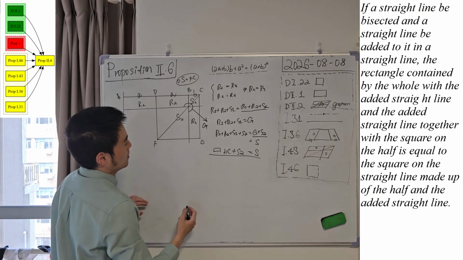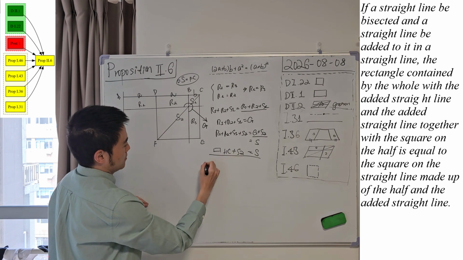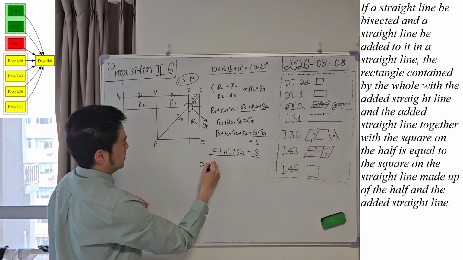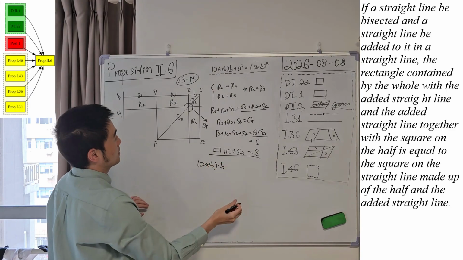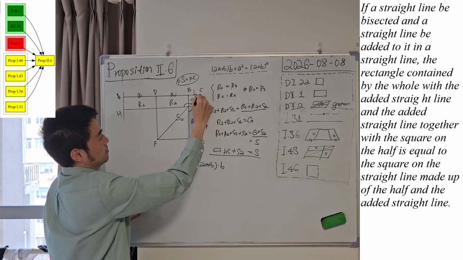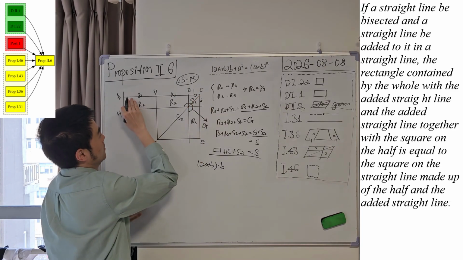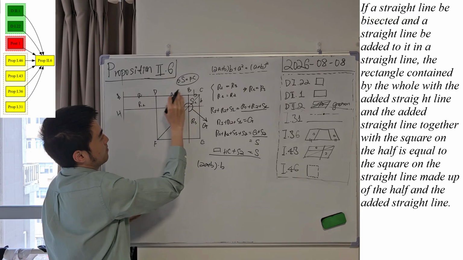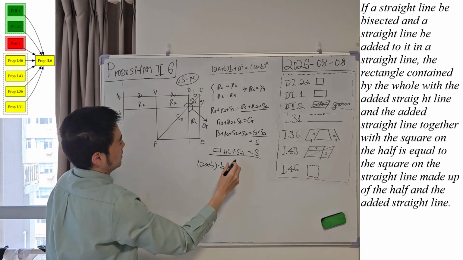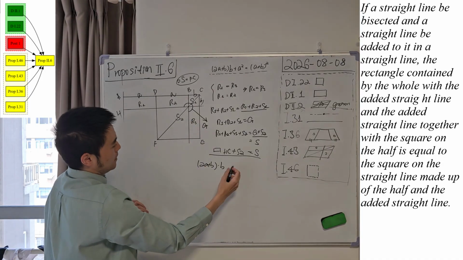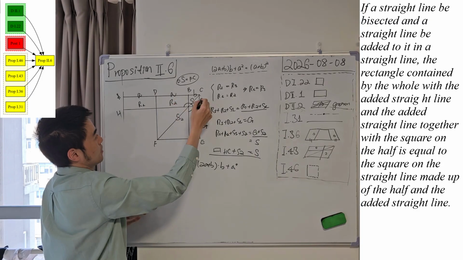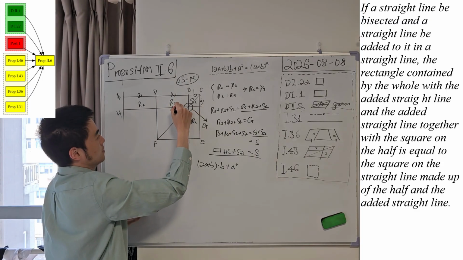So let's try to express them in algebraic form. So the rectangle HC is equal to 2a plus b times b, because this is square S1, so it must be equilateral, so this is b. So it is the whole 2a plus b times b, okay? And S2 will be a square, because this is a rectangle, so opposite sides are equal, so this is a.